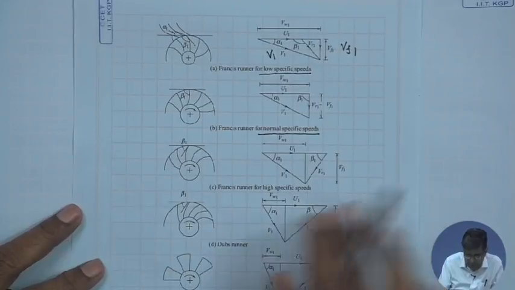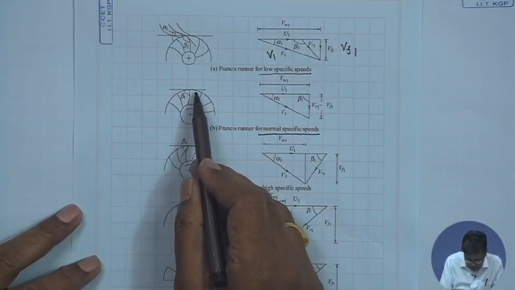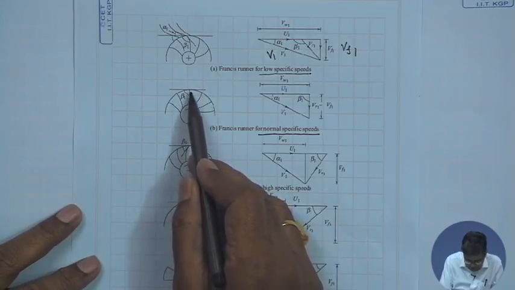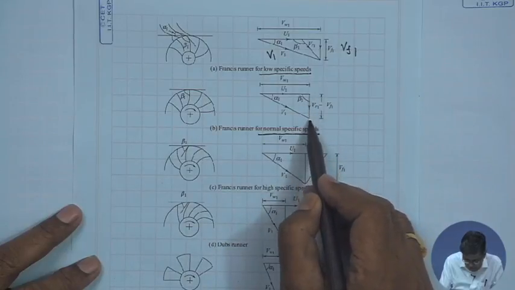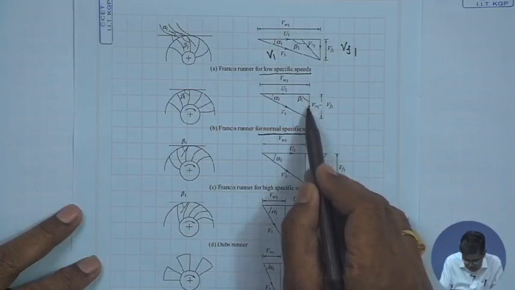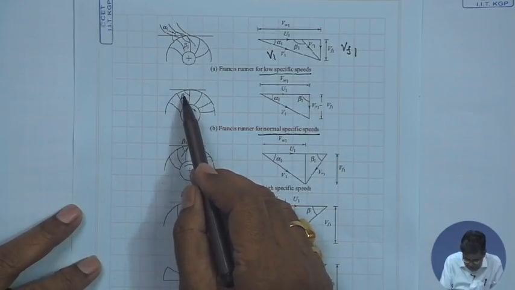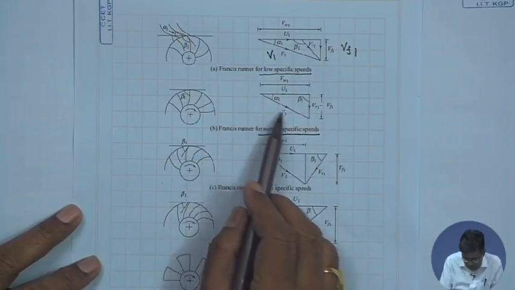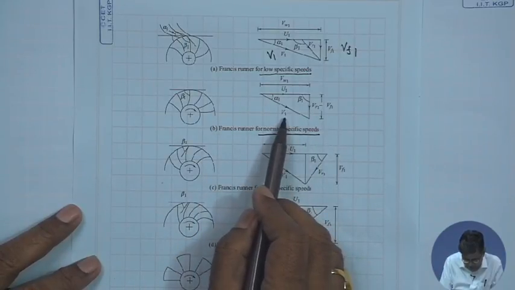So, as I have told, when the head available is reduced, that demands relatively more flow through the runner. So, the runner blade is designed in such a way that at the inlet the flow velocity, that means the radial component of velocity which is responsible for the mass flow rate at the inlet section, is increased, while the absolute velocity of the fluid at the inlet is reduced.